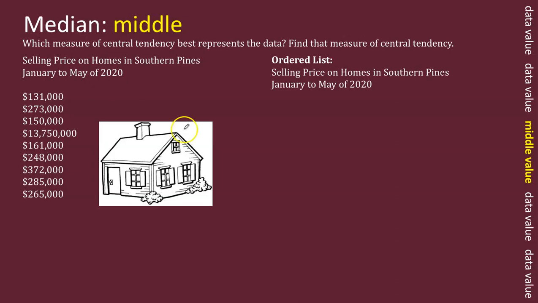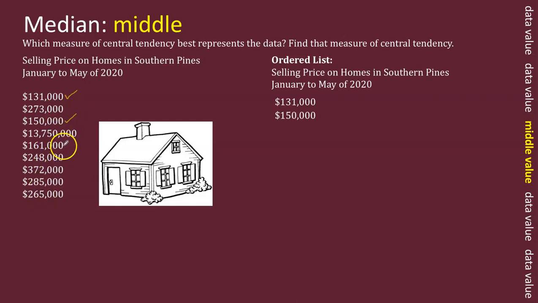To find the median, we need to order our list of the home prices. So let me try to find the one that sold for the least amount of money. So I think that's this $131,000. All right, after that, I'd say it's the $150,000 home.